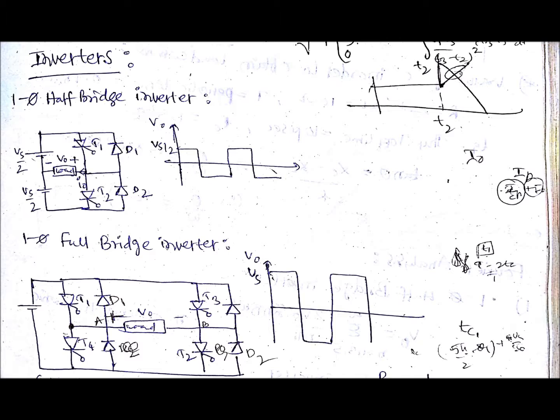So when T1 and T2 are turned on, the output voltage will be plus Vs, and when T3 and T4 are turned on, it will be minus Vs, so that it will be symmetric and the DC content will be 0. But if you observe, they are not pure sinusoidal, they are of square waveform. So we will see what we are going to do with these waveforms.